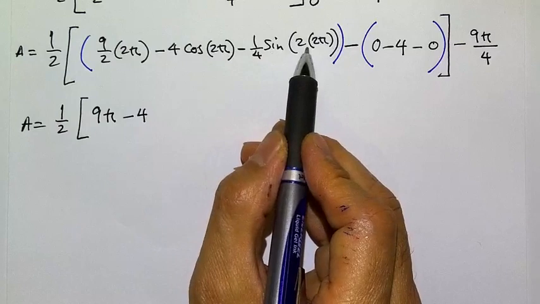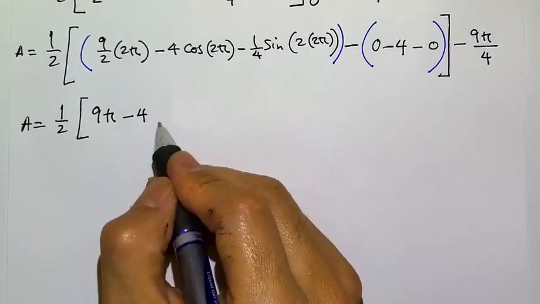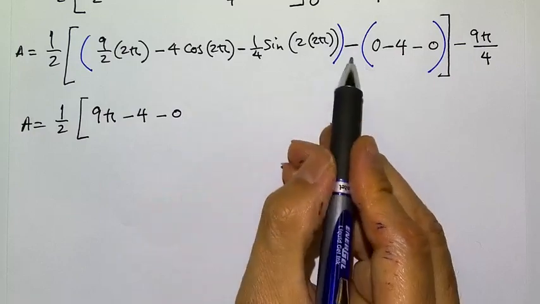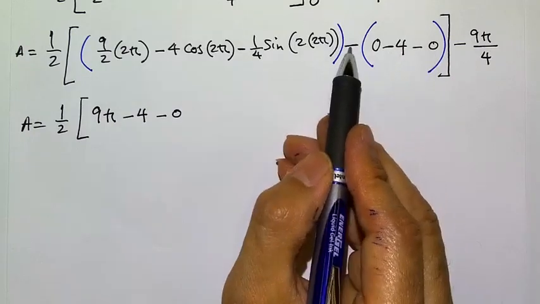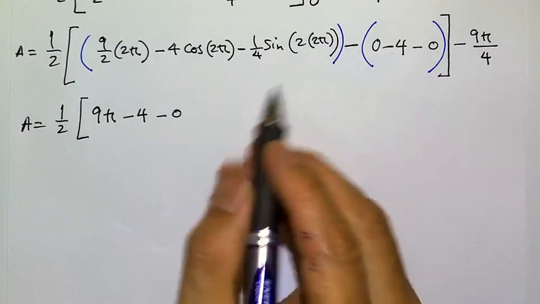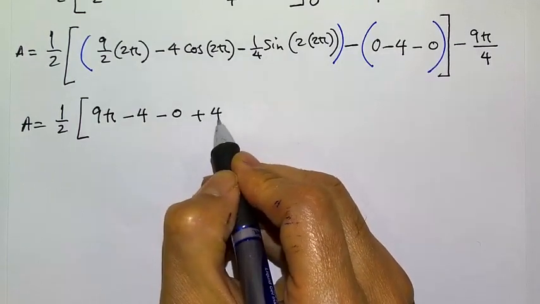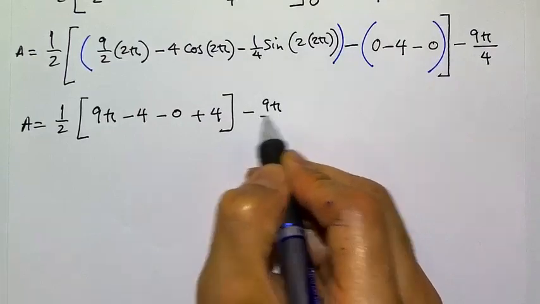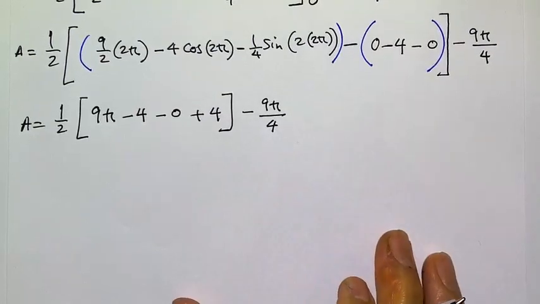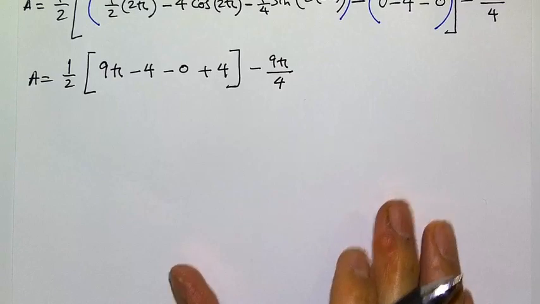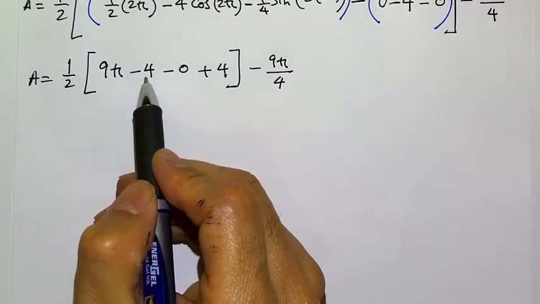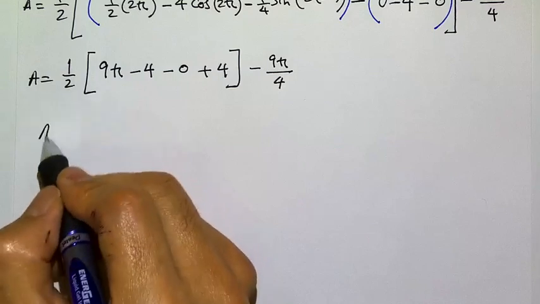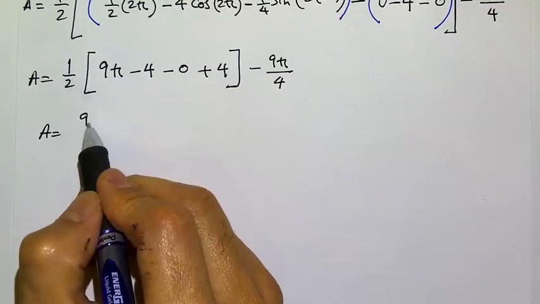Sine of 4 pi is 0 times minus 1 over 4 is 0, so minus 0. And then everything here is 0 except that. Minus 4, we get positive 4. And then, of course, lastly, minus 9 pi over 4. Okay, so 4 and minus 4 cancel each other out. We end up with area would be 9 pi over 2.